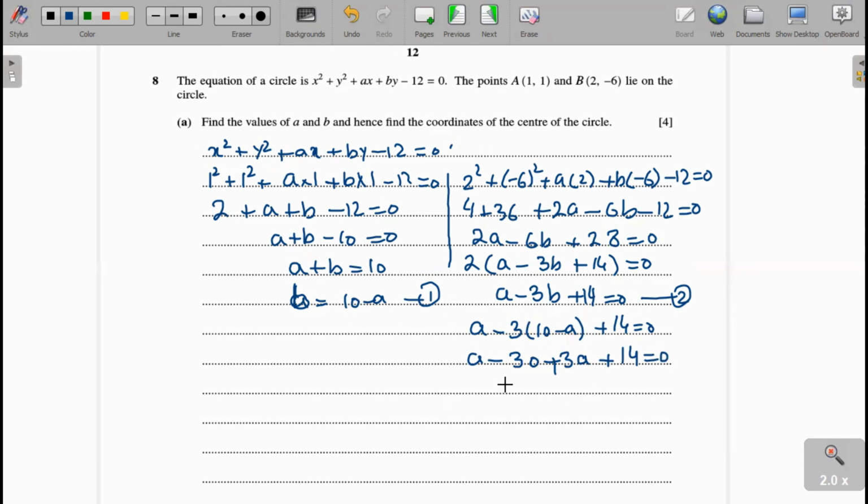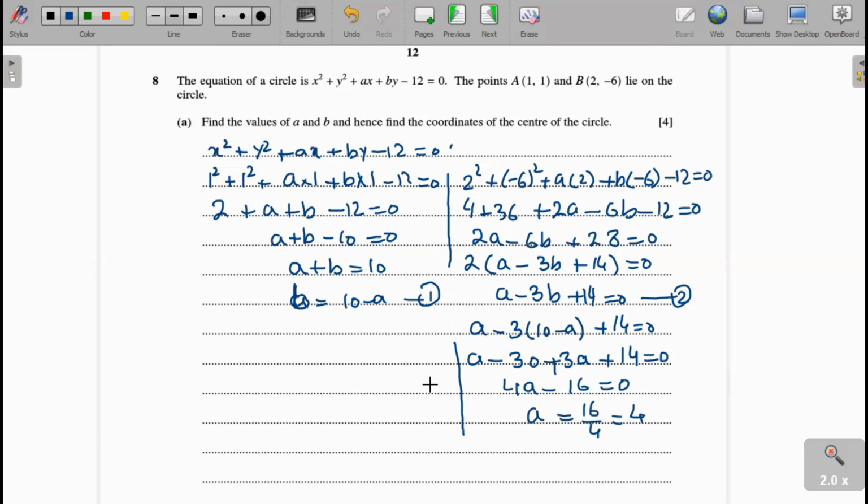Now we can write it as 4a minus 16 equal to 0. That is, a will be equal to 16 over 4, and that is equal to 4.